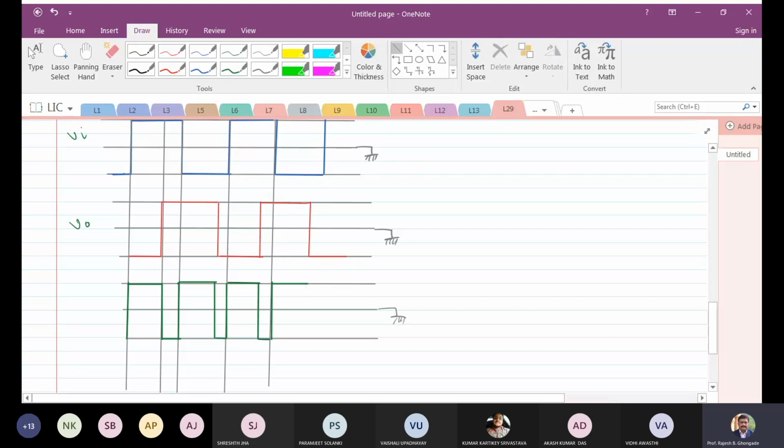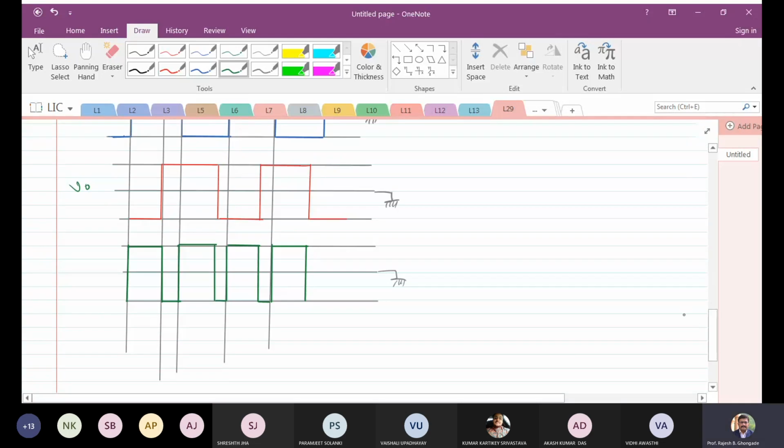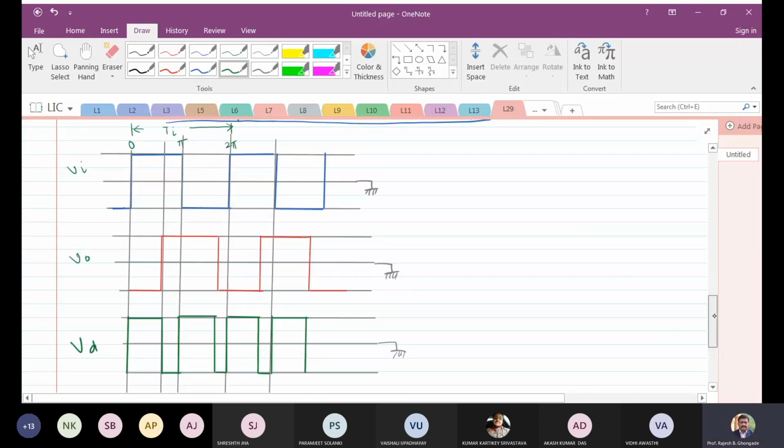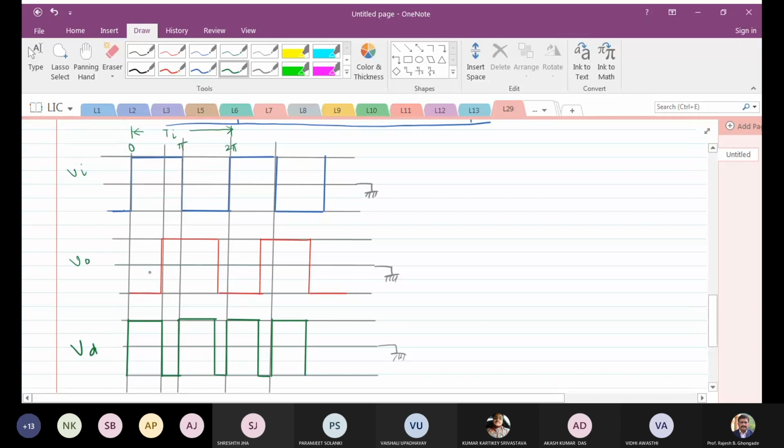Think about your digital electronics. High and low. So this is going to be your VD. Can you think of any gate which produces this?